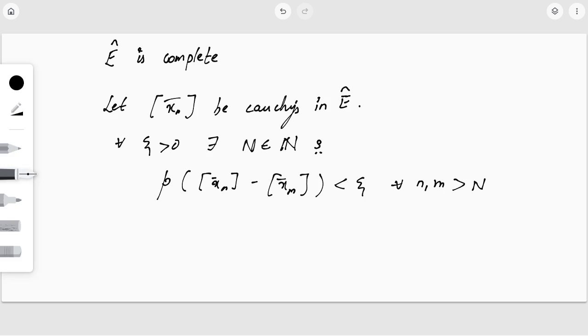So since coset xn bar is Cauchy in E cap, we can say that P of coset xn bar minus coset xm bar is always less than epsilon for every n, m greater than N.